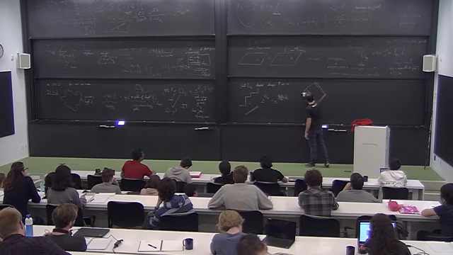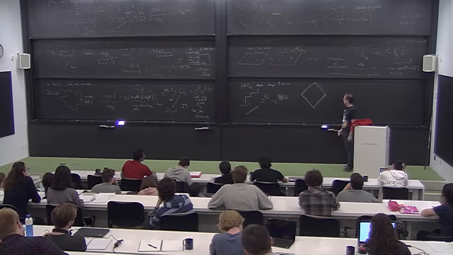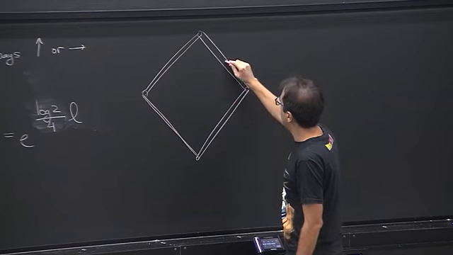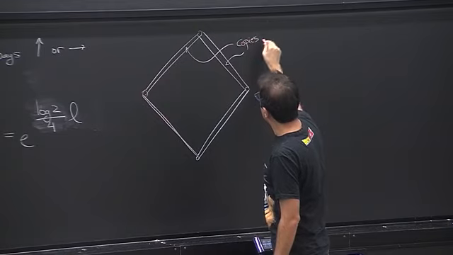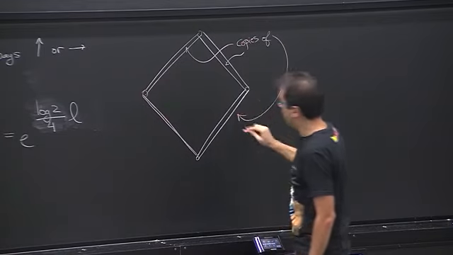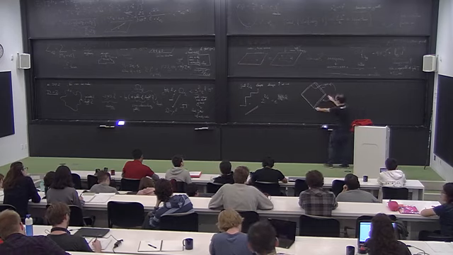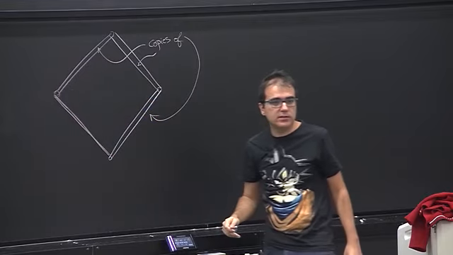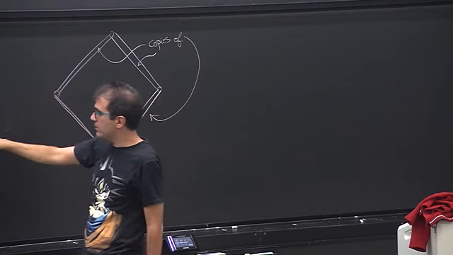I just copy-paste and rotate. These guys are just copies of this guy, and that will close. I rotate it, so this and this are the same, reversed, and this is whatever it is. So here is a construction of a given number of paths.